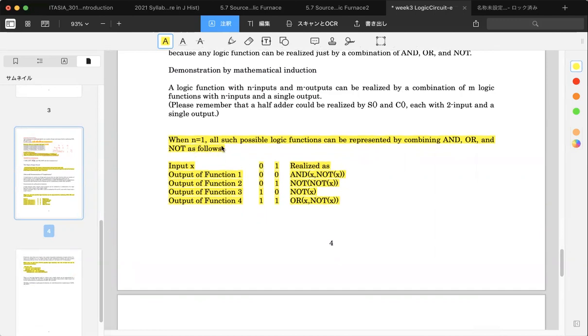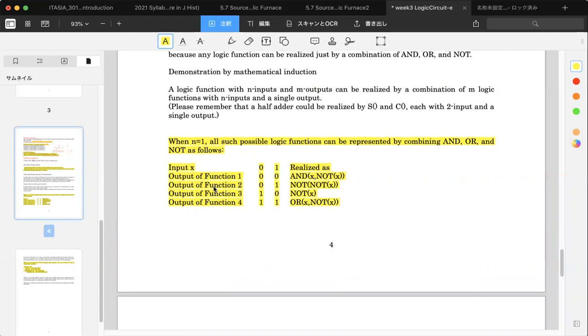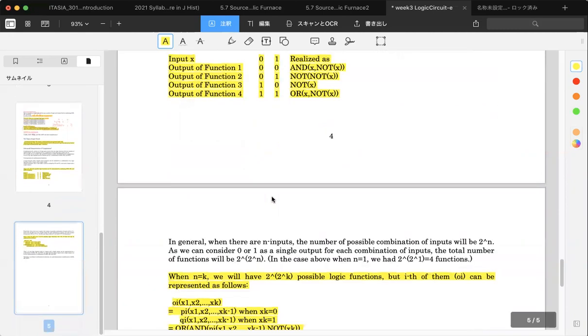Because when n is 1, we only have one input that we can name input x. And if we have an input x, there are two different situations. That is when x has truth value 0 or x has truth value 1. And for this whole thingy here, we can see the output of the function is as such.